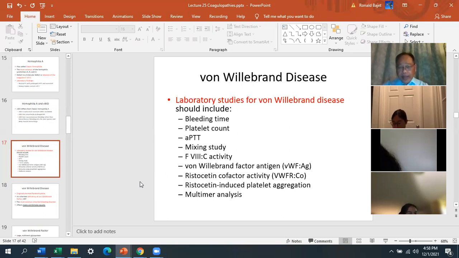Then von Willebrand factor antigen, ristocetin cofactor activity, ristocetin-induced platelet aggregation, and multimer analysis. Those tests below the APTT are usually done in the coag specialty laboratories, okay? But you can see, based on the tests, that you probably have an issue with platelets in von Willebrand's disease.